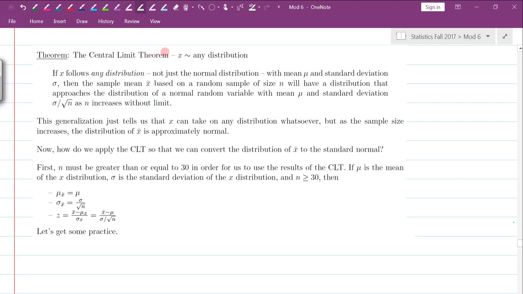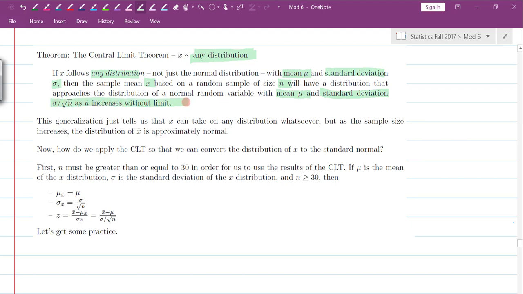So if x, the random variable, follows any distribution, not just the normal distribution, but we have a mean mu and the standard deviation sigma, then the sample mean based on the random sample size of n will have a distribution that approaches the distribution of a normal random variable with a mean of mu and a standard deviation of sigma divided by the square root of n as n increases without limit.